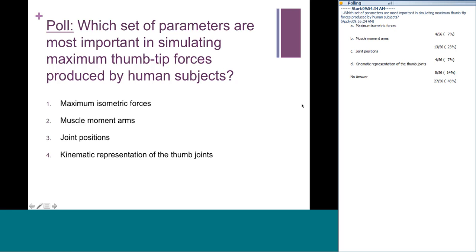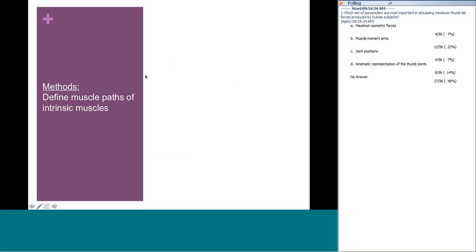Okay, so we have a fairly large proportion of the... okay, most people are not answering, but 23% of the audience has chosen muscle moment arms, and 14% is choosing kinematic representation. Okay, so we'll come back to that later.